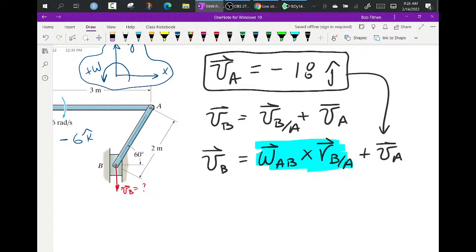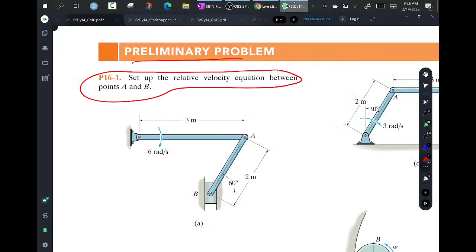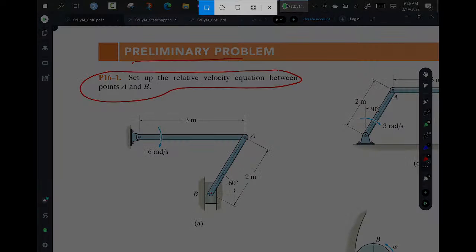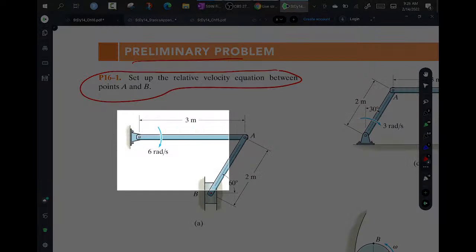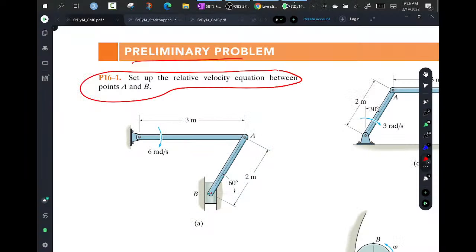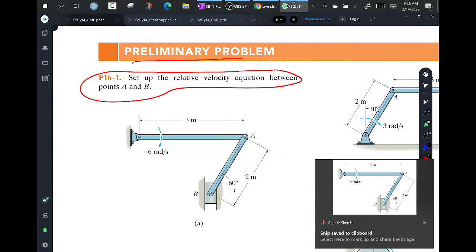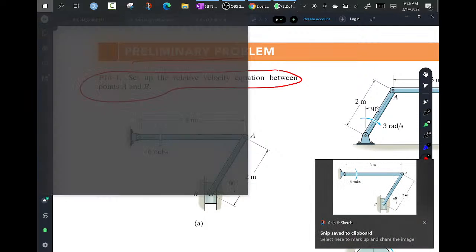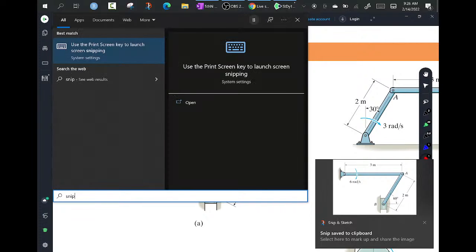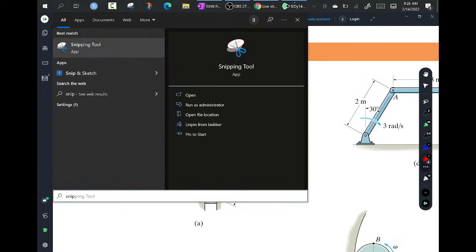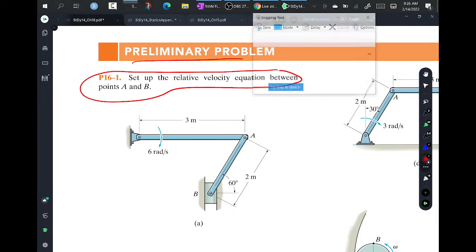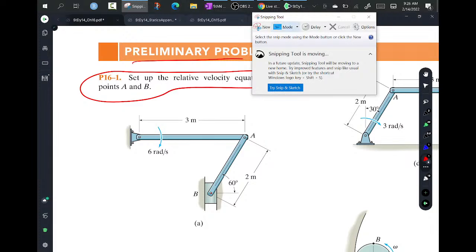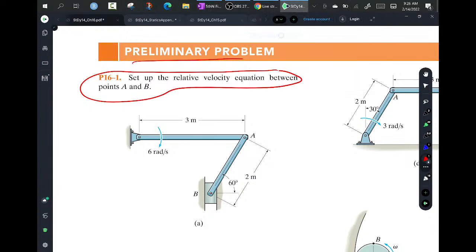Now let me see if I can go back and get a copy from the original. Okay, I don't want to do it this way, I want to do it this way. I don't know why it does differently when I do it this way, but you get the mode as a free form.